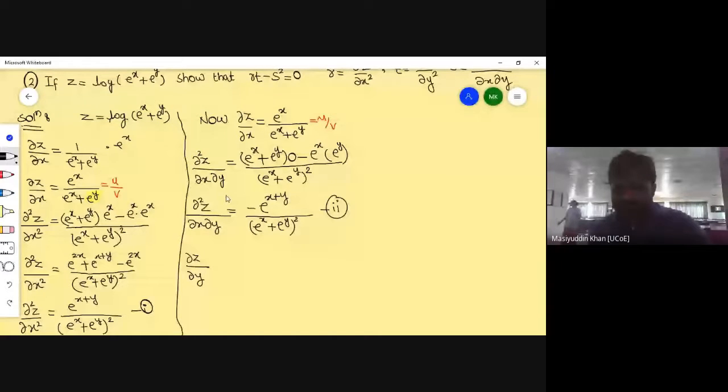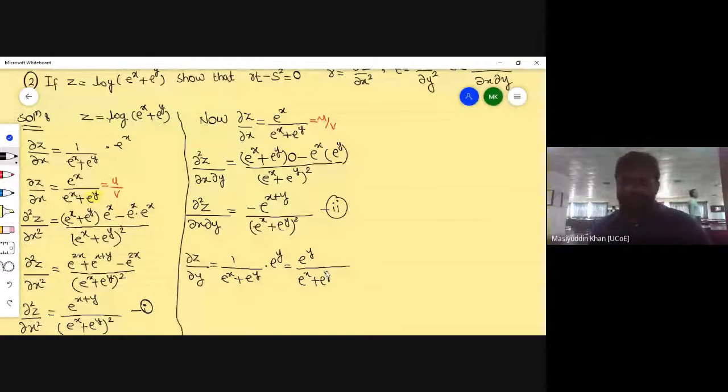Similarly, you will get 1 upon e raised to x plus e raised to y into e raised to y. This is my dou z by dou y, which is further equal to e raised to y upon e raised to x plus e raised to y.